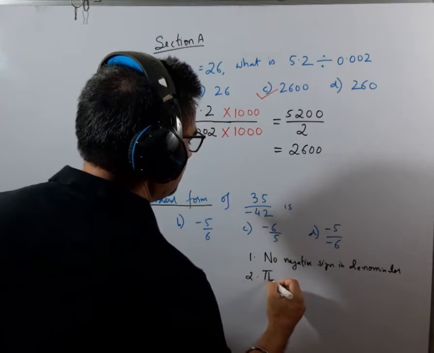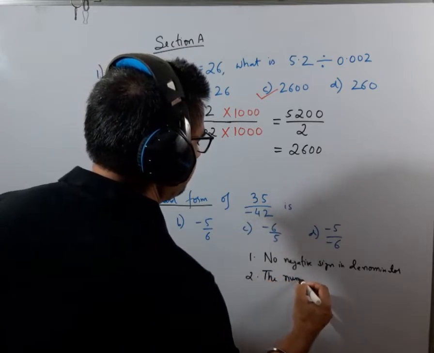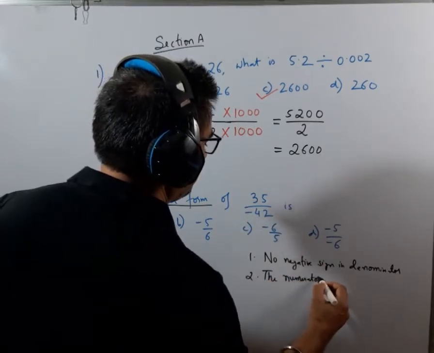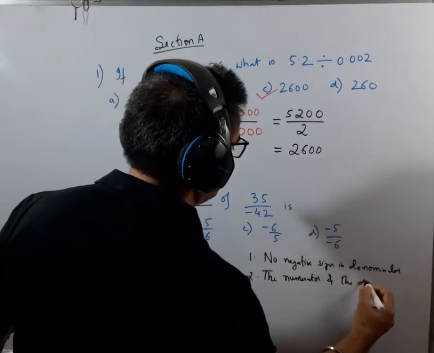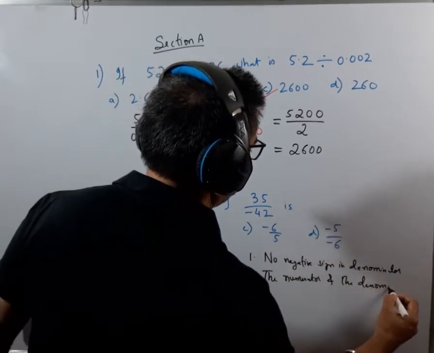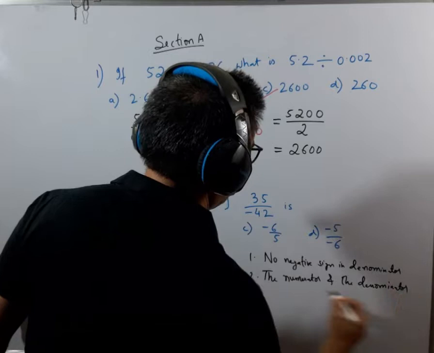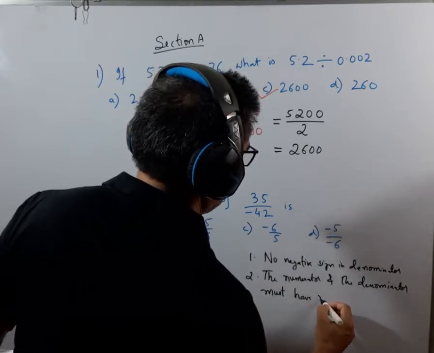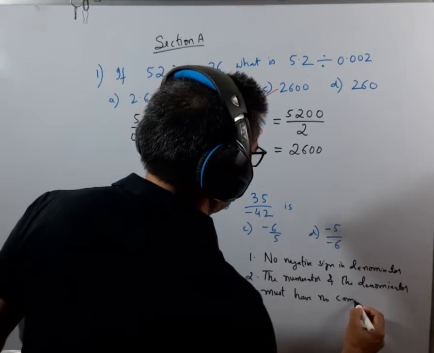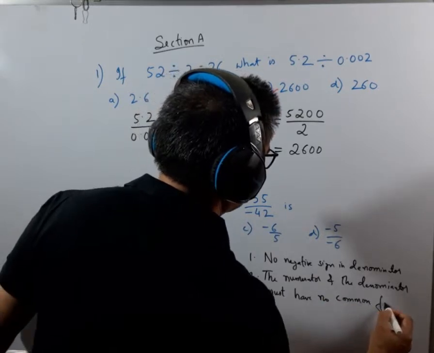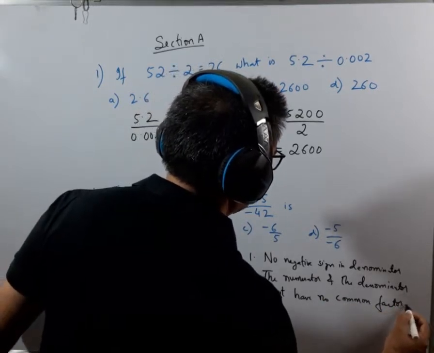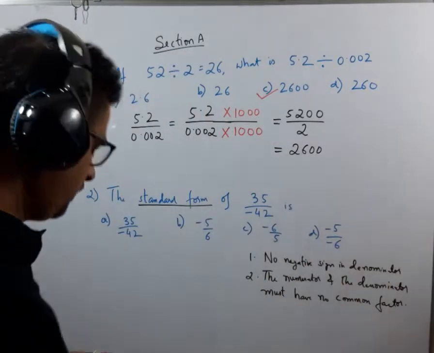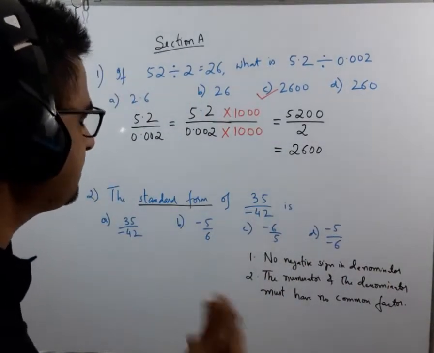And 2, the numerator and the denominator must have no common factor. Well, if you are confused, don't worry, we will understand this very soon.